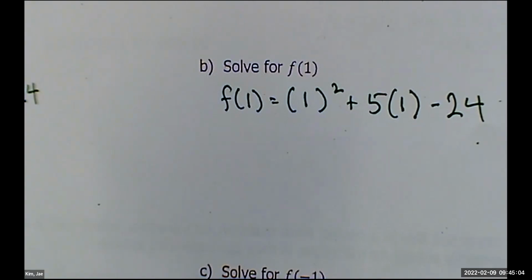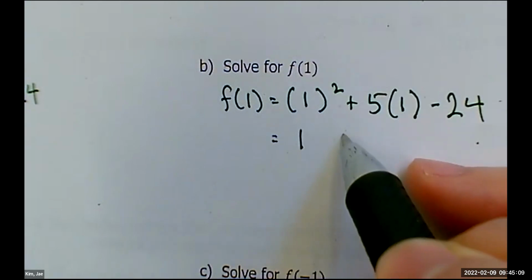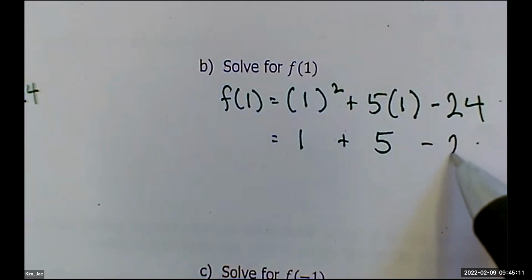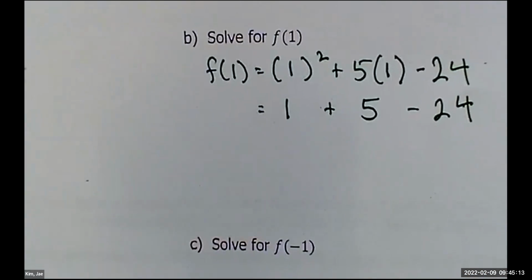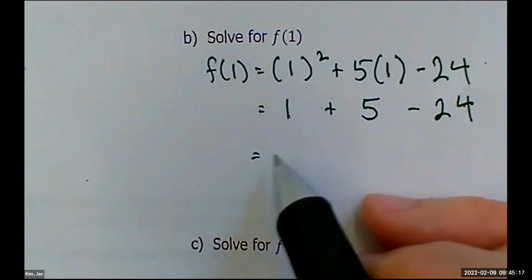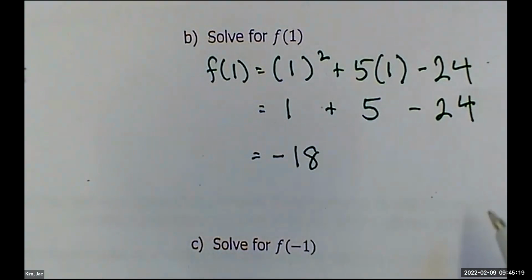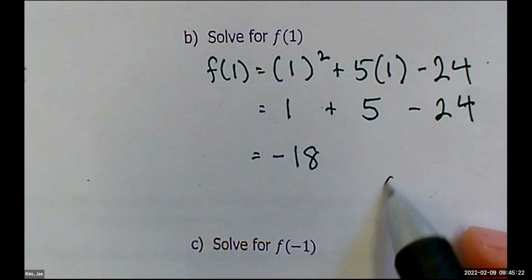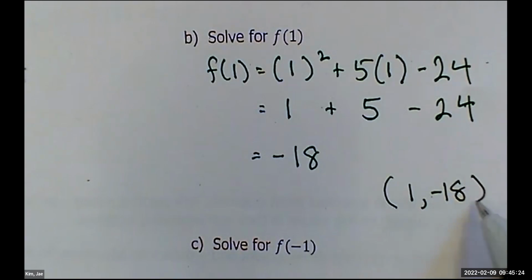Anytime you see an x, you plug in that number. And so we have 1 plus 5 minus 24. And at this point, if you want to use a calculator, by all means, the answer will be negative 18. Therefore, (1, negative 18) is on the graph.